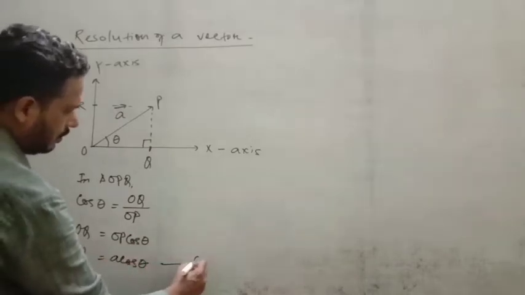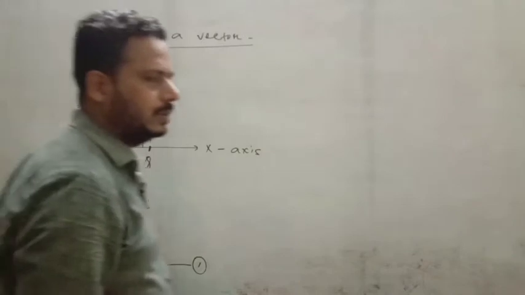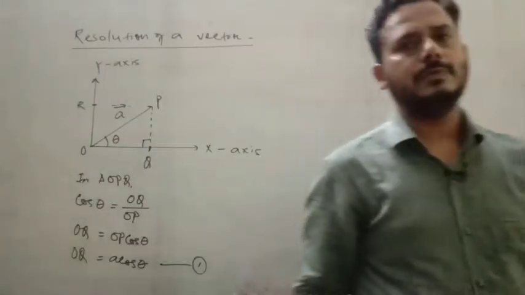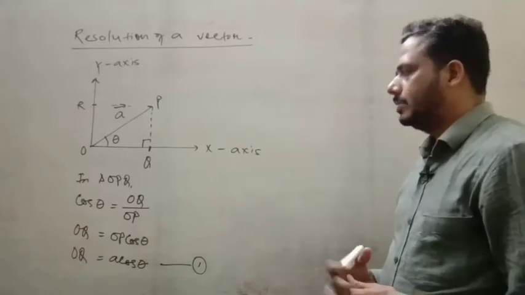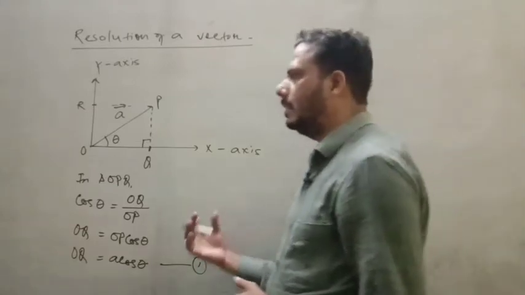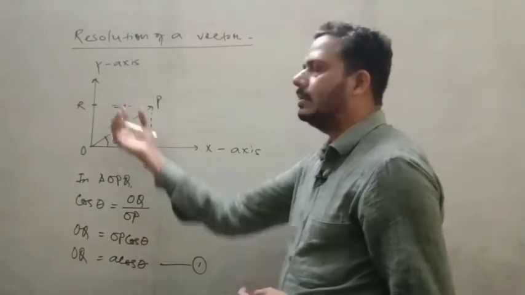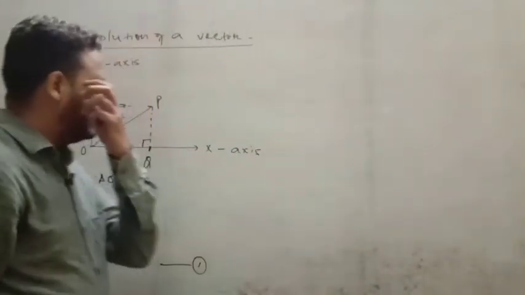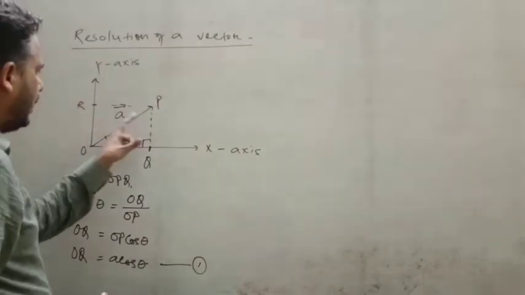So you have got one component along the x-axis, but this one is only a magnitude. This one is not a vector, this one is a magnitude. We will change it into a vector, so we will discuss that later. First of all, we have to find the components along the x and y axis, so see the same triangle OPQ.